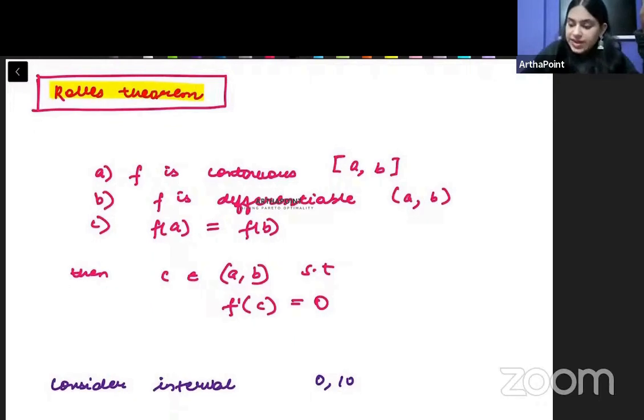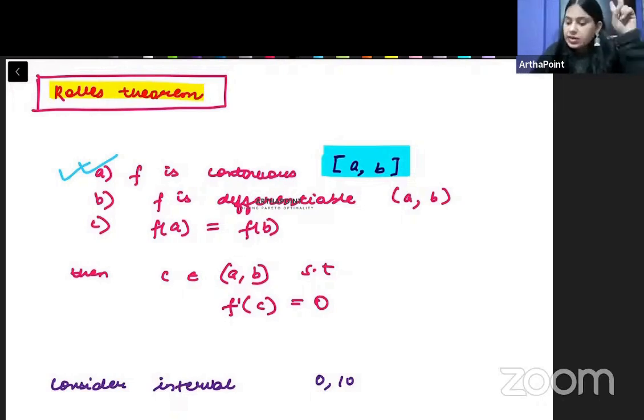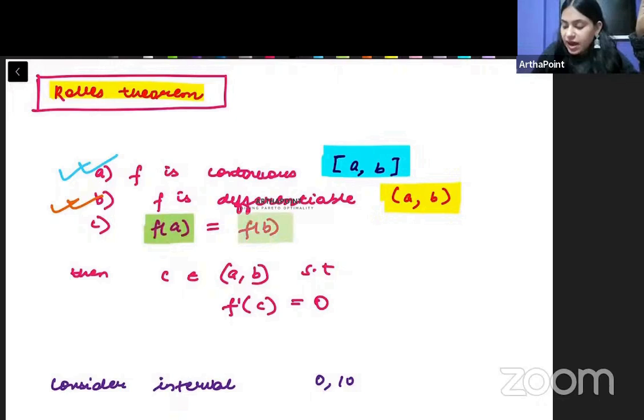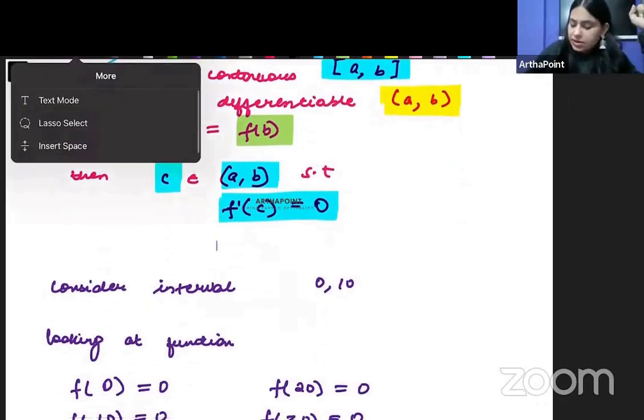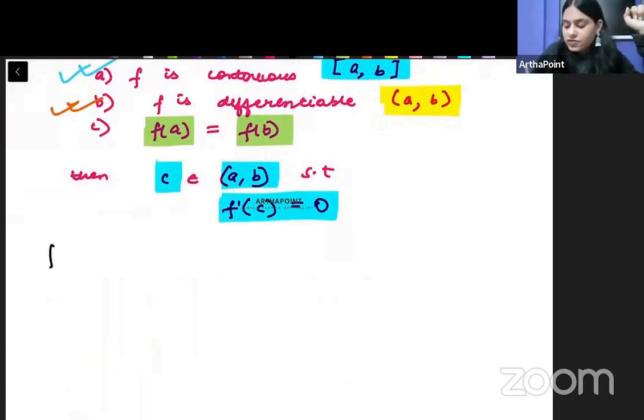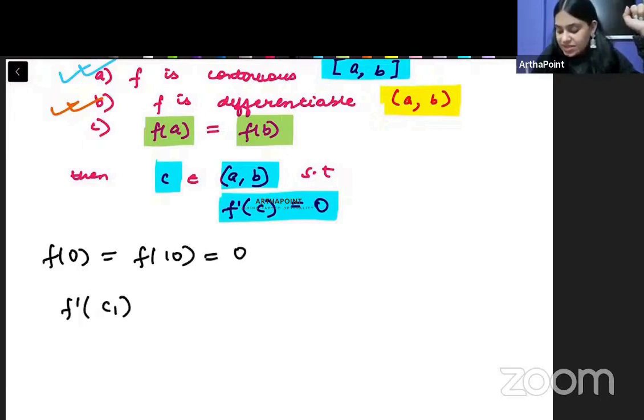Rolle's theorem suggests that if your function is continuous in the closed interval [a, b], and if your function is differentiable in the open interval (a, b), and if the values of f(a) and f(b) are equal to each other, then there exists a c in the interval (a, b) such that f'(c) is 0. इसका मतलब ये है बेटा that f(0) और f(10) की वैल्यू सेम है. मतलब एक ऐसा C1 exist करेगा such that when the function is differentiated at that C1 you will get 0.